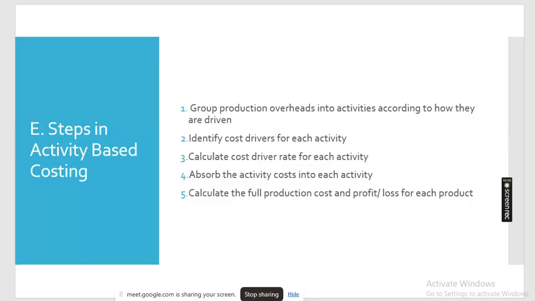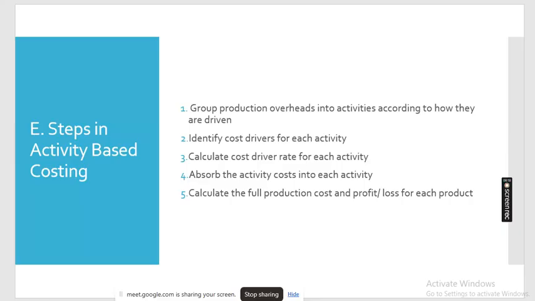Okay. For you to execute ABC, you have to follow 5 steps. Now, in ABC, we are mostly interested in overheads, so we'll be looking at production overheads. To deal with this production overhead, there are 5 steps you have to follow. Step number 1, you group overheads into activities according to how they are driven.